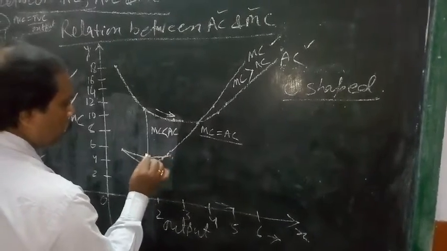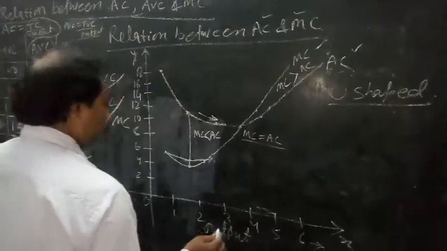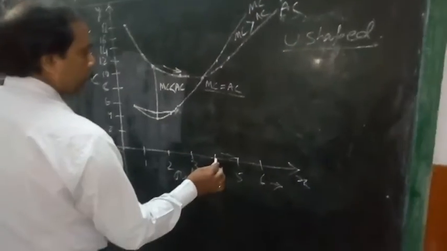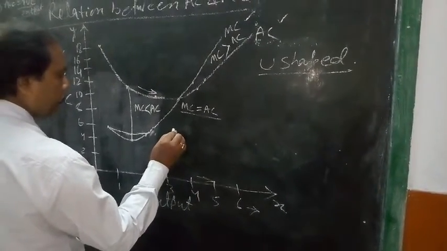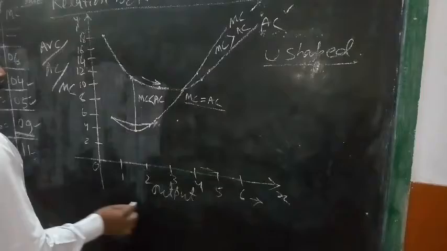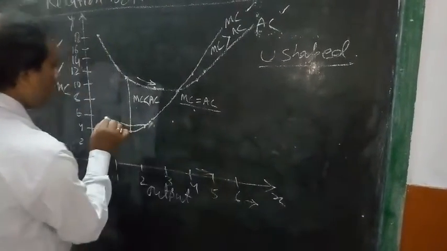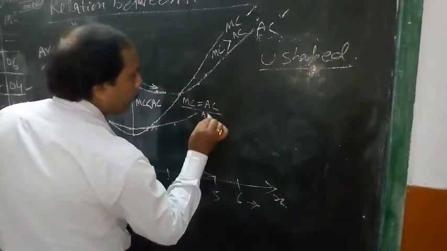It is constant. Is it clear? It is the constant 5. Next, fourth, that is 6. Next, fifth, that is 7. So this is our AVC.